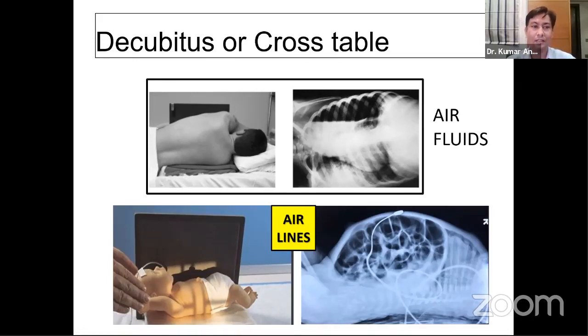It is not commonly done in the NICU, because if the patient is sick and intubated, changing position would be very difficult in a sick and hemodynamically unstable patient. However, the lateral decubitus X-ray is done especially to look for minimal air or minimal fluid.